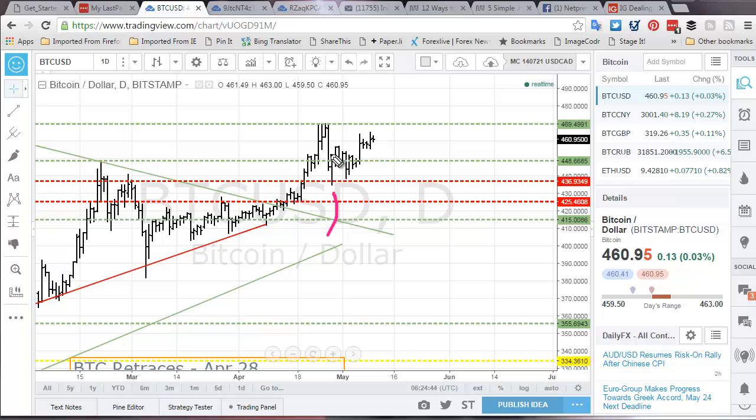So this is one of the three forms of reversal that I'm quite comfortable with. So then one could have entered at this level here, up above the top of this bar, or for a more conservative trade is to actually wait for a confirmation that that high is taken out and enter up above here. And for both entries, the stop loss would be down here.